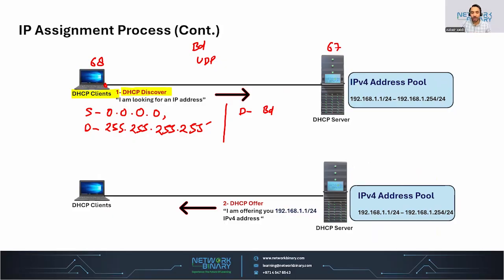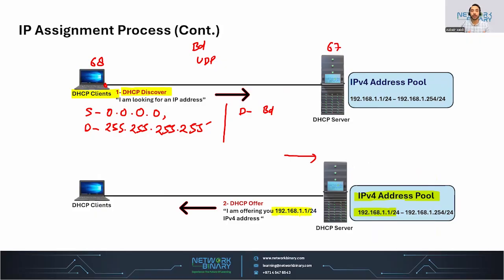Now, what happens when the DHCP discover message goes to the server? When the server receives this message, it goes to its own IP address pool where we have the available IP addresses. It takes an available IP address from the pool, maybe the first one. In my example, it is using 192.168.1.1.